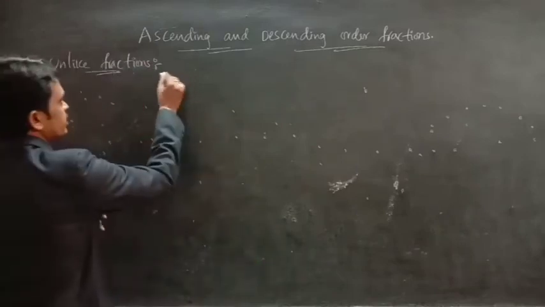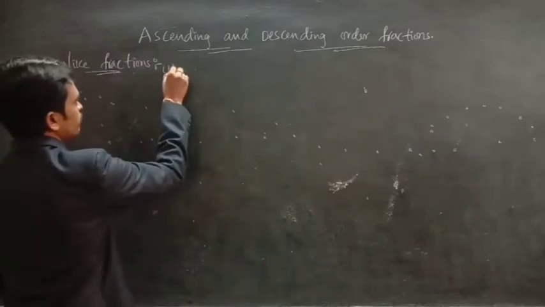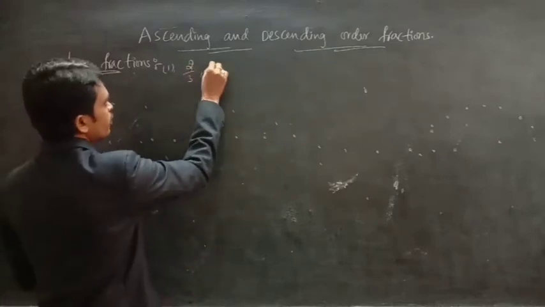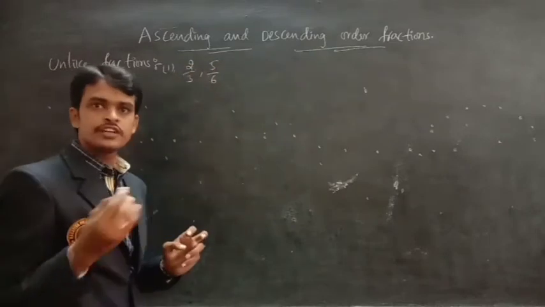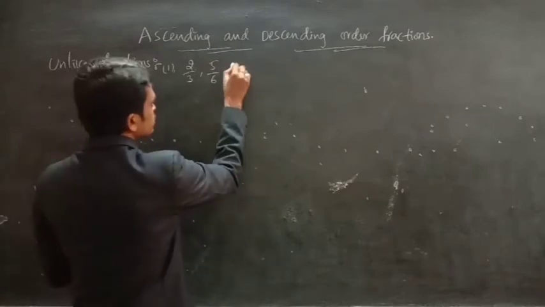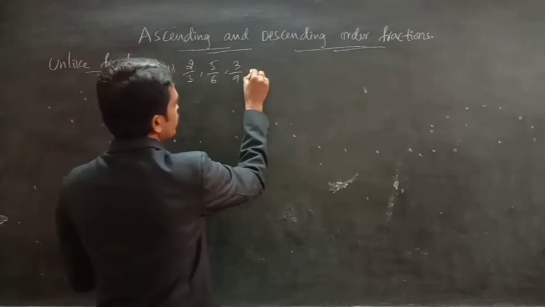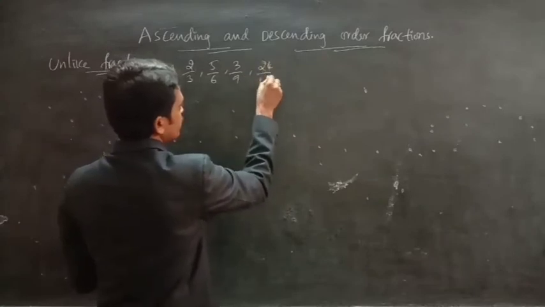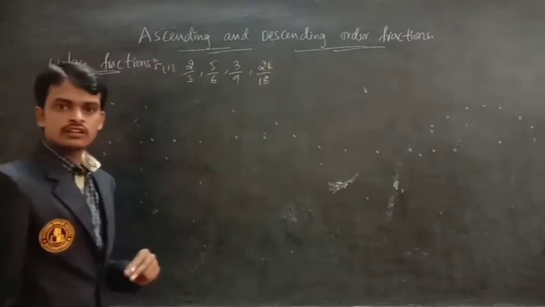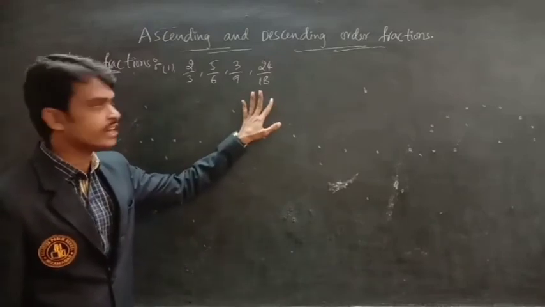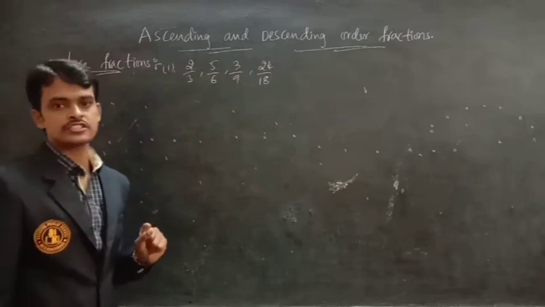So let us take one problem. 2 by 3, 5 by 6, 3 by 9, and 24 by 18. Here these fractions have different denominators. Such fractions are called unlike fractions.